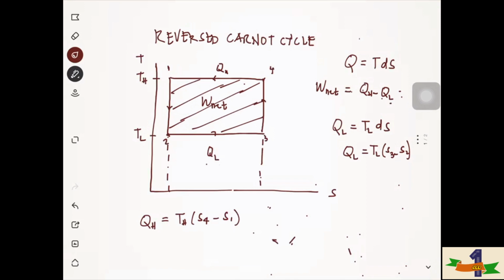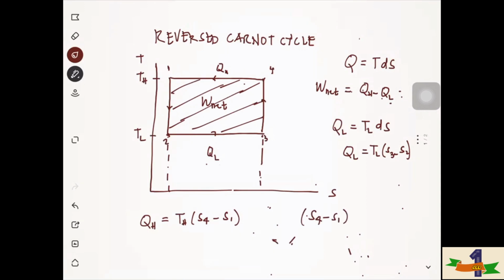So by looking at this graph or this diagram here, you can observe that the delta S at the lower portion compared to the upper portion is equivalent.